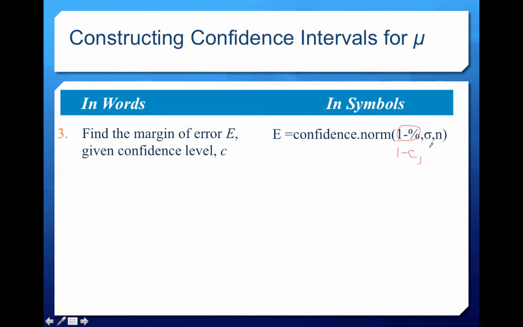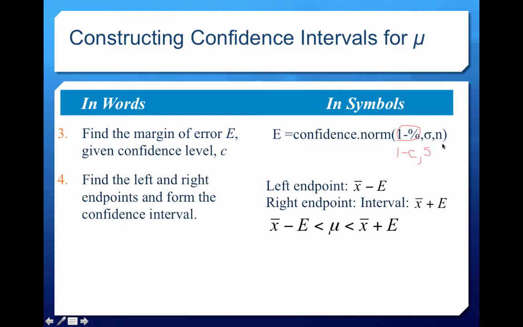Now this could be S if we had to calculate it given some raw data, so it's either going to be the population standard deviation or the sample standard deviation. And then our sample size. Once we have this error amount, we're going to add it to and subtract it from our sample average to get how wide our confidence interval is.